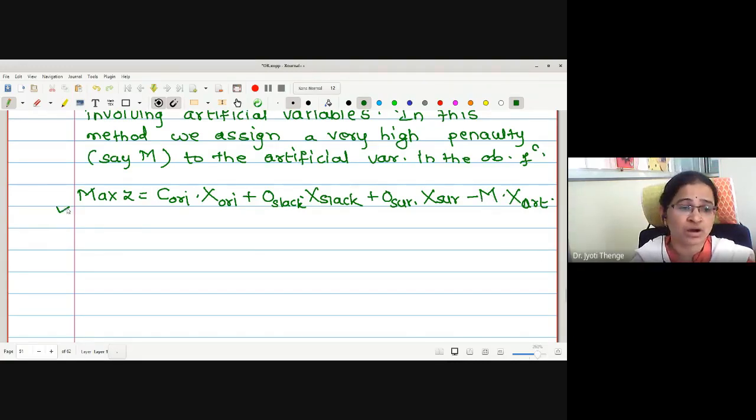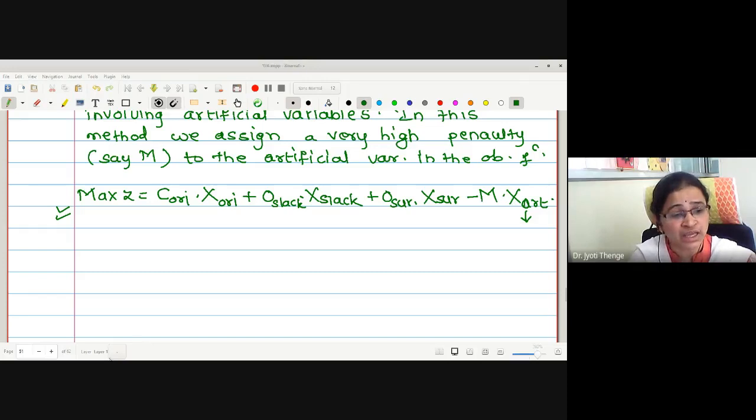Therefore, if I want to find the optimal value of the objective function in its original variables only, what should be the value of this artificial variable? This has to be 0. Okay. If this value is 0, then only there is no role of this artificial variable in the objective function.